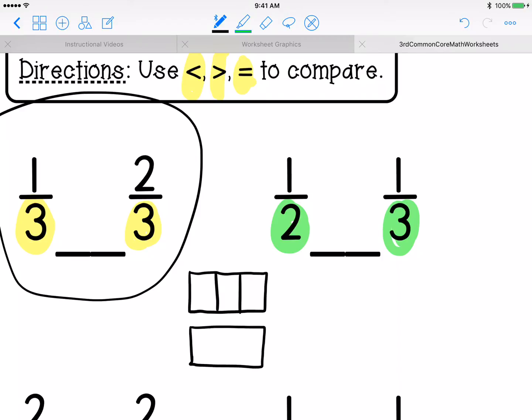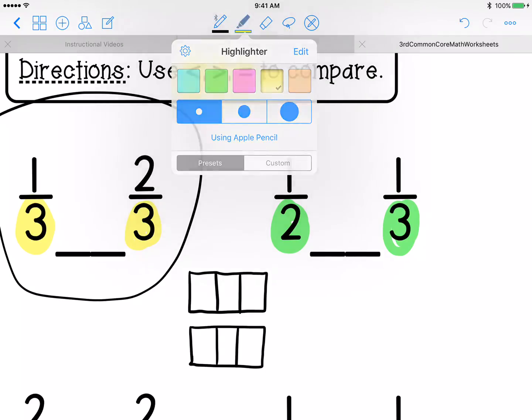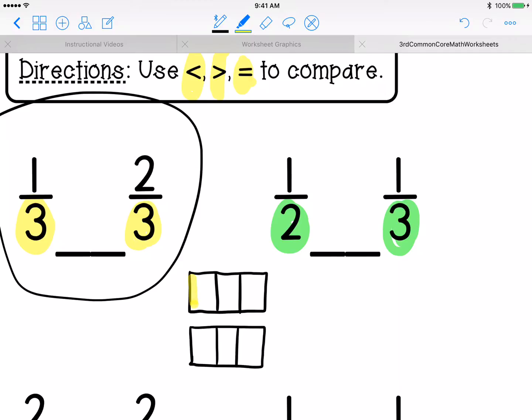Partition it into thirds. Make sure if you're doing this, you draw your rectangles the same size, or know that they need to be the same size. So here I'm going to shade in 1/3, and below it I'm going to shade in 2/3. Okay? Because I know that these are all 1/3 size pieces.